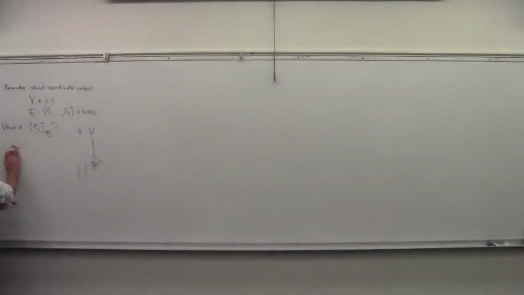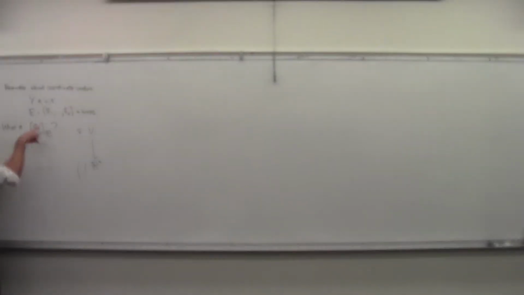Okay. So what if we have v_i? Let's say v_1. What's the coordinate vector of v_1 with respect to the E basis? This is actually easy, so don't be afraid. First you say, I want to express v_1 as a linear combination of these guys. What's the linear combination? 1, 0, 0.